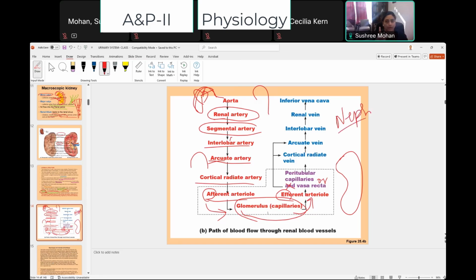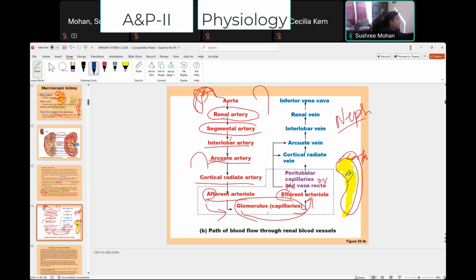Now we have this kidney, the outer cortex and the inner medulla. Structurally, these are two parts. I have a shirt and I have a pant. So the cortex is the shirt and the medulla is the pant.